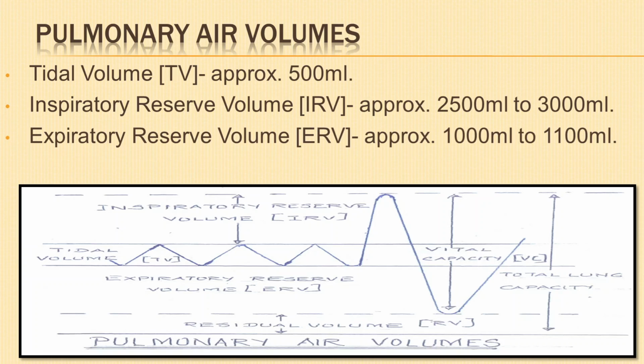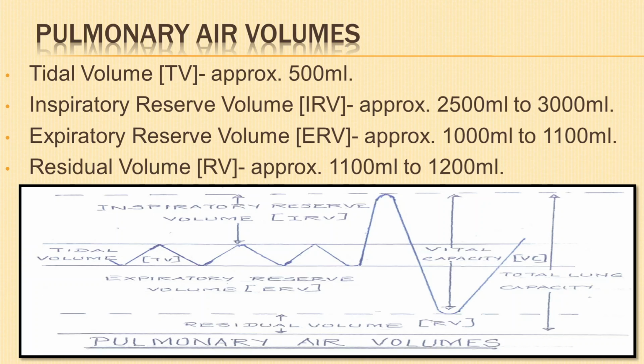Expiratory reserve volume, ERV: the volume of air expired forcefully in addition to normal expired air, that is tidal volume, is called expiratory reserve volume. This averages 1000 ml to 1100 ml.